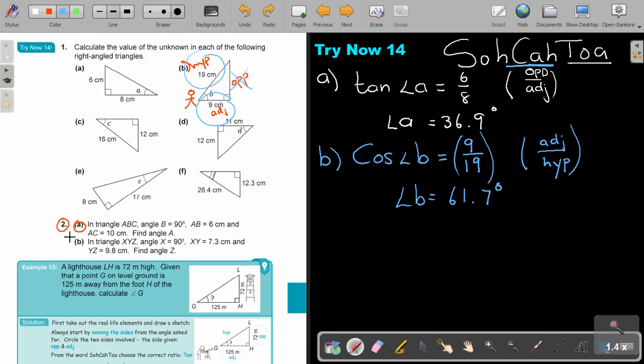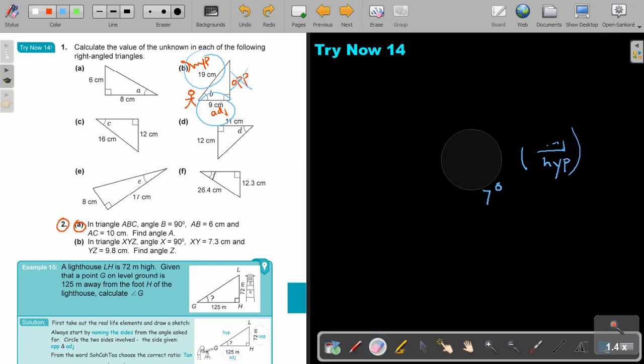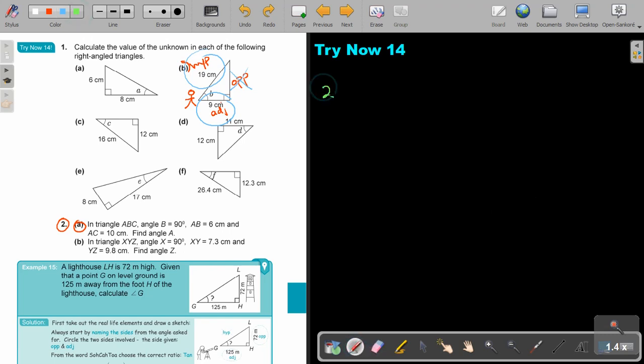Okay, and then number 2A. Now I'm just going to clean, and it's just easier to write here. In triangle ABC, now if they don't give you a sketch, always do it yourself.